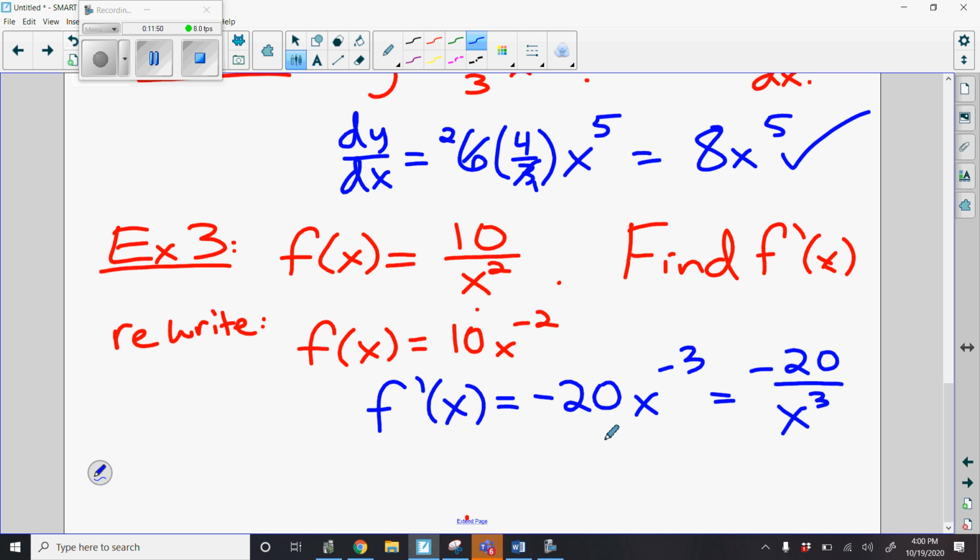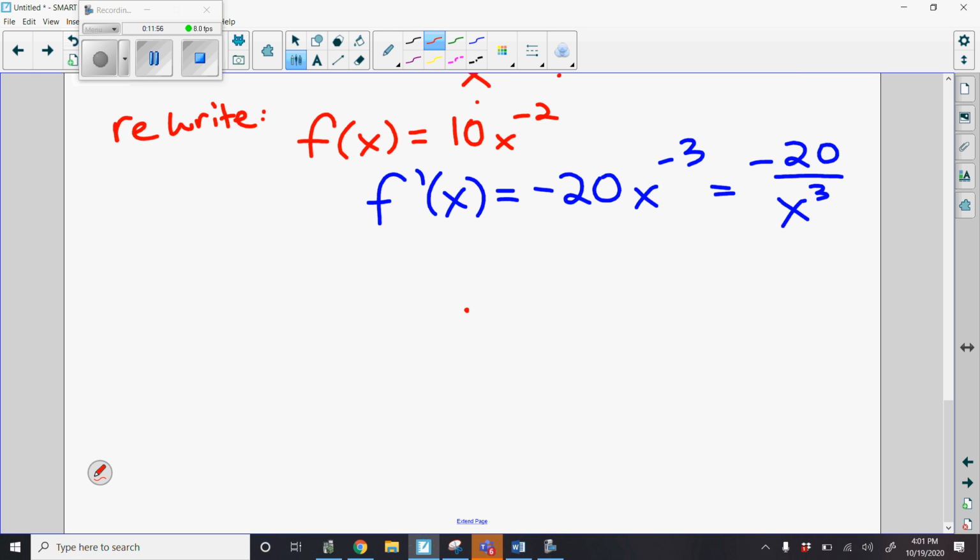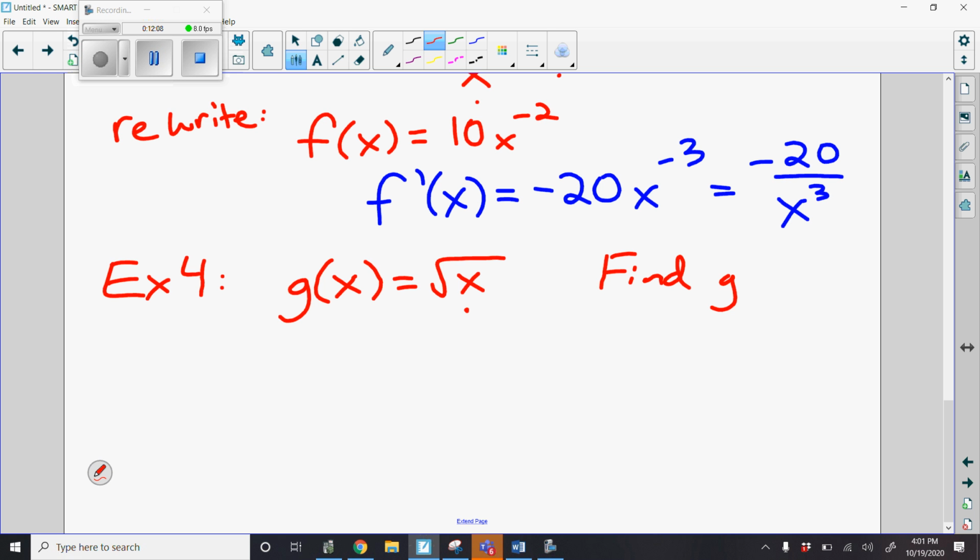Okay, let me look at one more example. So here we see g of x equals root x, and find g prime of x.